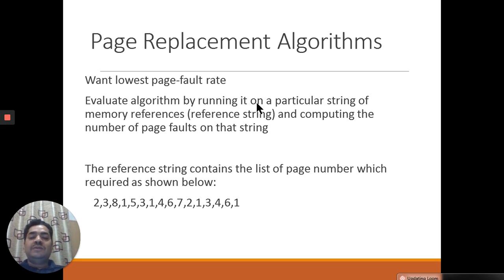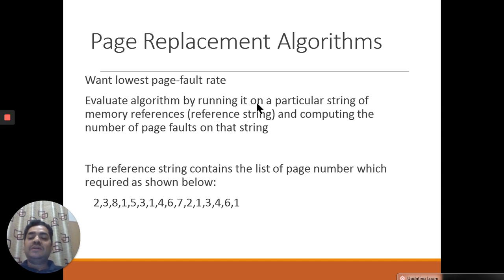When a string is given, meaning the pages which are referred to are given in the form of a string, that is known as the reference string, and we compute the page faults for that string in the page replacement algorithm.